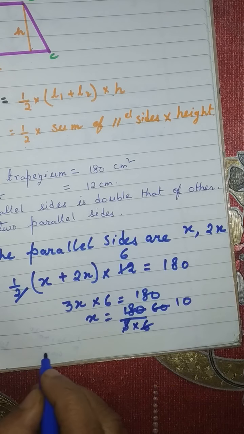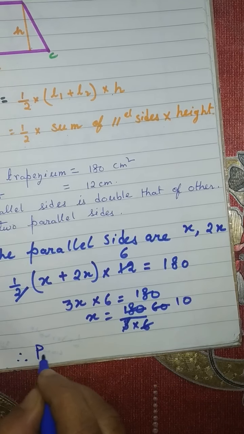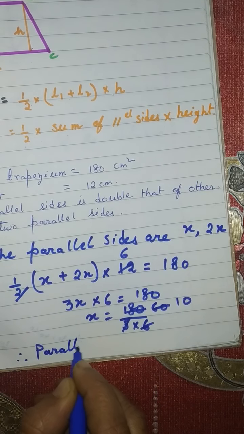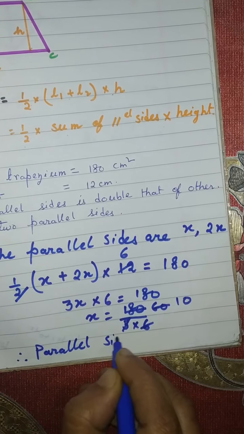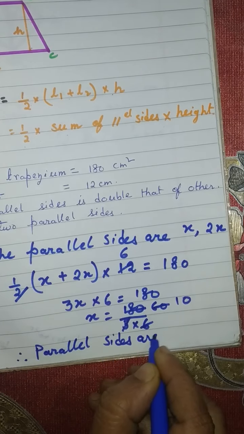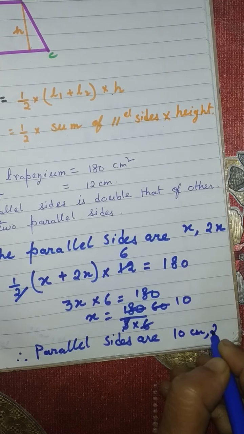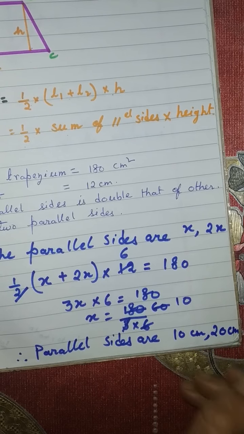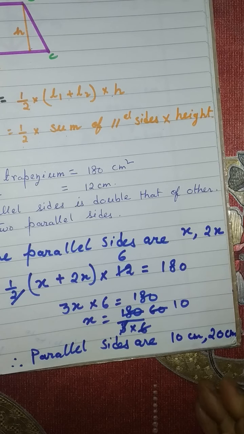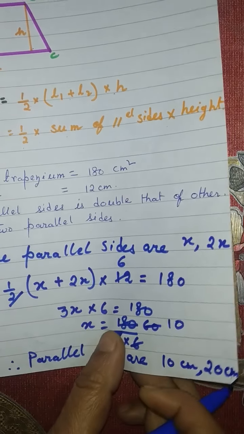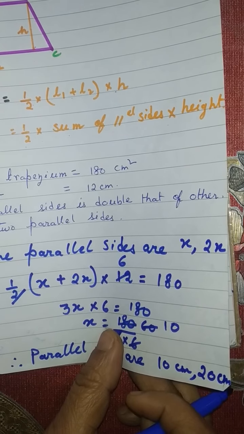So the parallel sides are, first one is 10 centimeter and second one is 2x, that means 2 into 10, 20 centimeter. This is the use of area of trapezium.